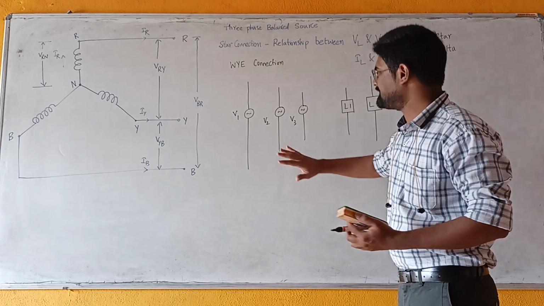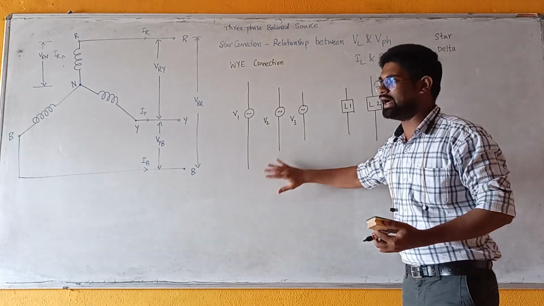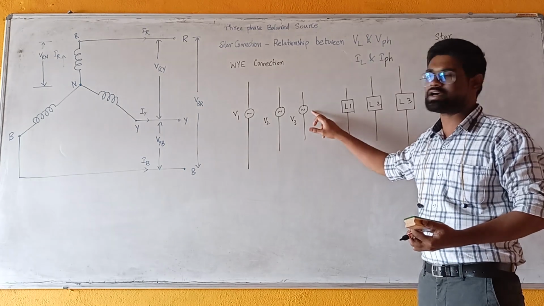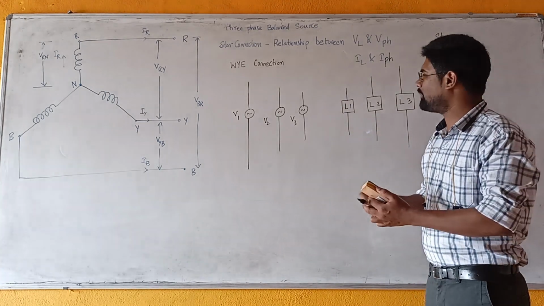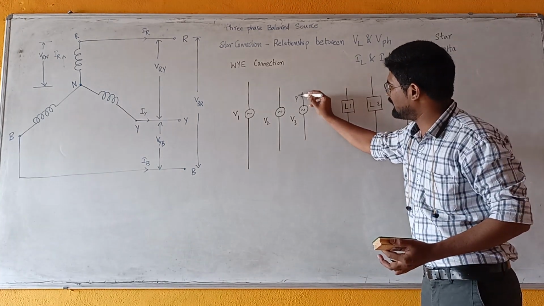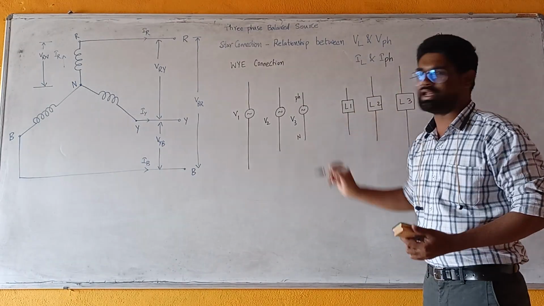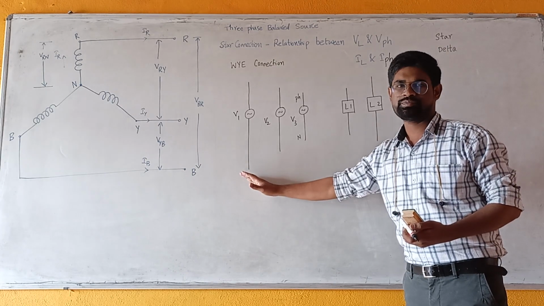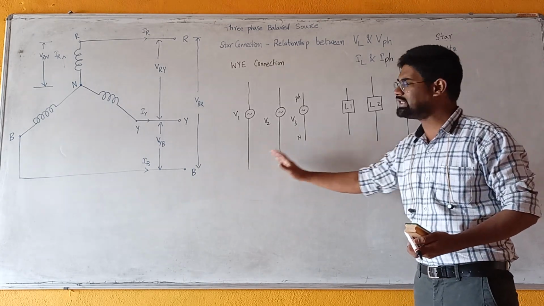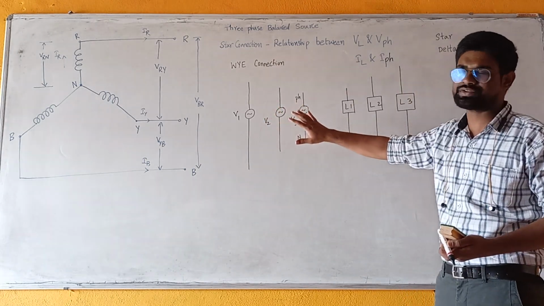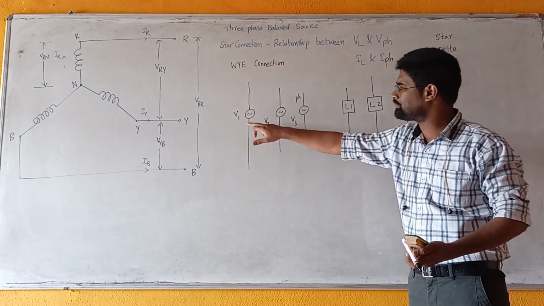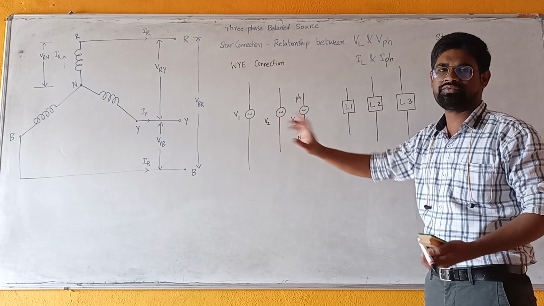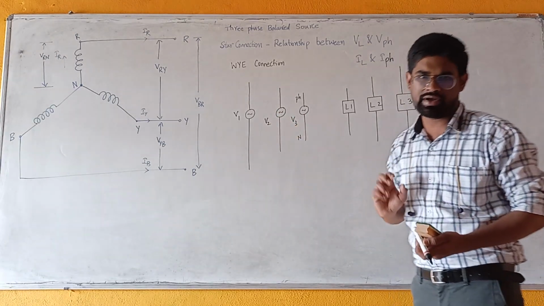Because if you consider a three-phase source and a three-phase load, each single source consists of two terminals. Obviously, the two terminals are phase and neutral. Three-phase source means three voltages, three single sources form a three-phase source. Of course, for the voltages V1, V2, V3, between any two voltages the phase angle difference is 120 degrees.